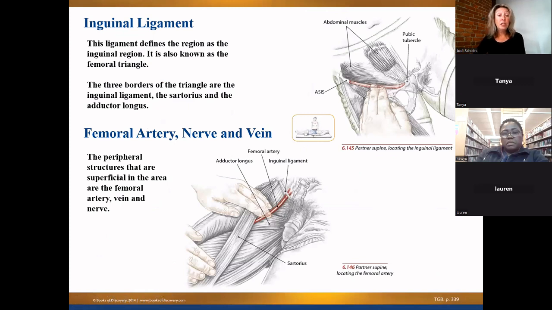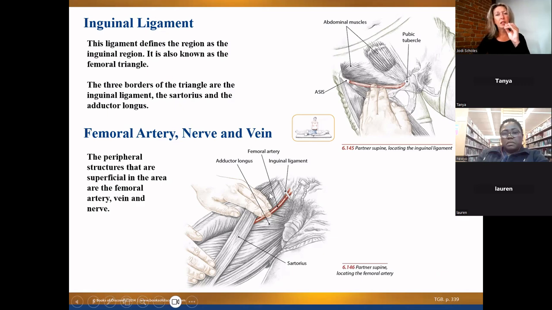So to know that the inguinal ligament is in the lower body, and some of these are endangerment sites. So for example, the femoral artery, nerve, and vein. So some of this stuff is peripheral. We just need to be careful about working in this area, applying too much pressure.